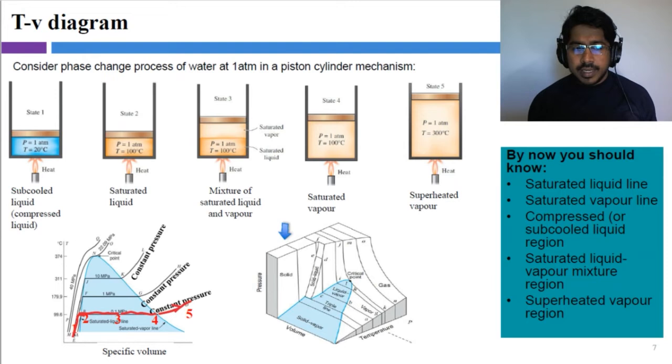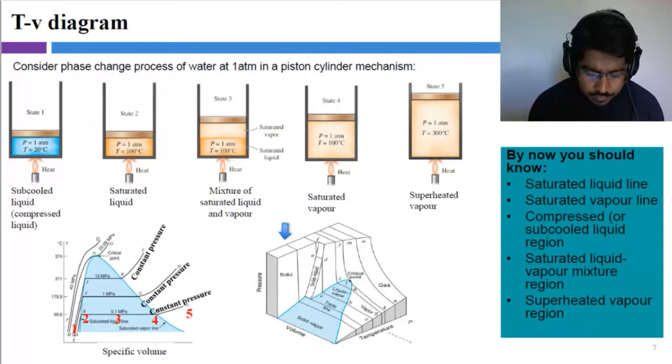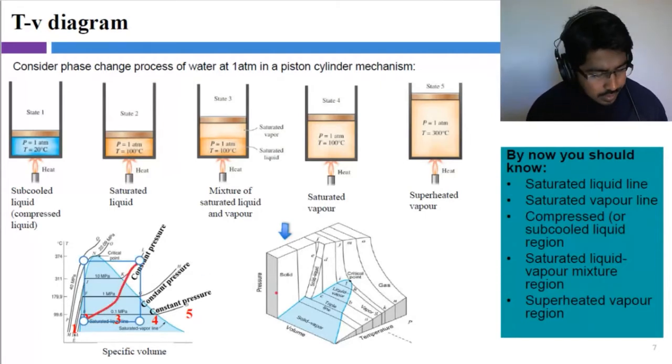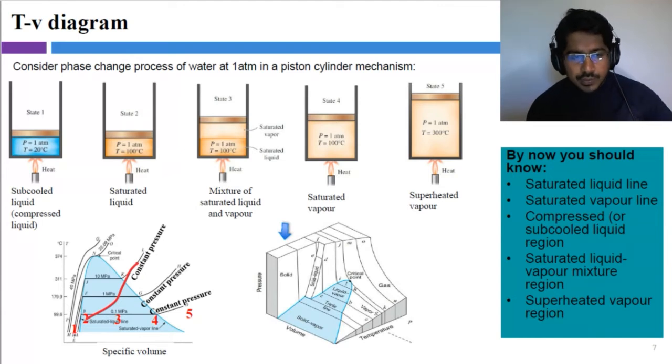No. Like on a TV diagram, also we can draw situations where pressure changes. For an example, in this graph, if we draw a line like this, interpreting this one will be a different story. But if you draw a line like this, then definitely there will be a change in pressure as well.